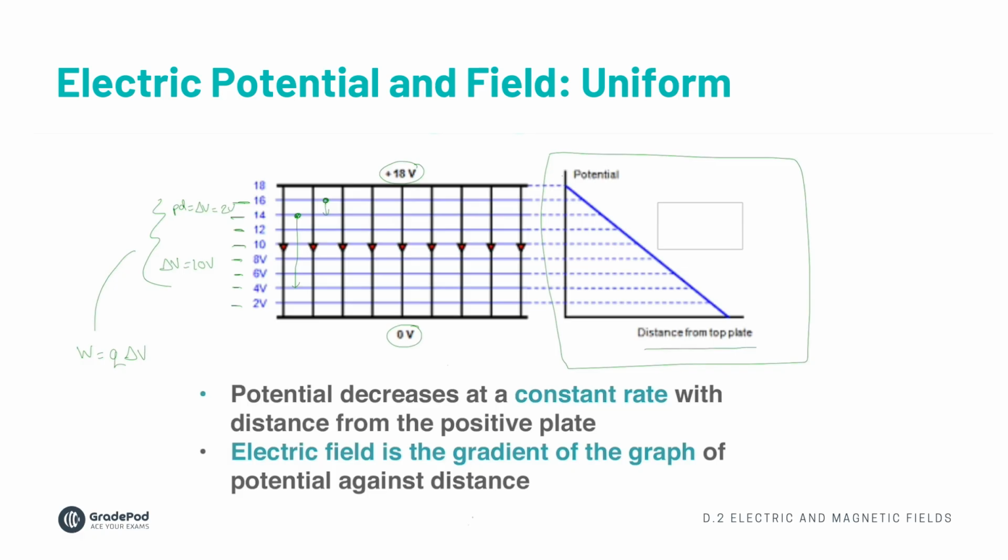So as the distance from the top plate increases, how does the potential decrease as we move away from it? And what you can see with a uniform field is that potential decreases at a constant rate with distance from the positive plate. We've got a nice straight line here with a constant gradient.